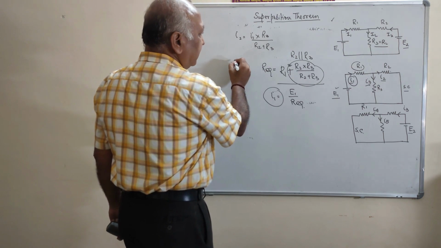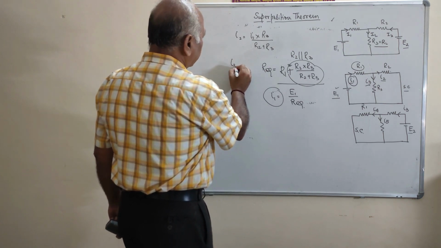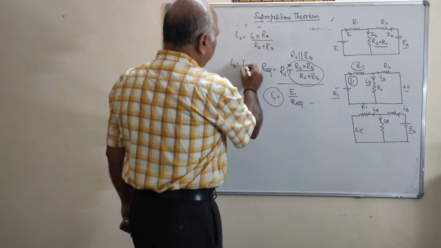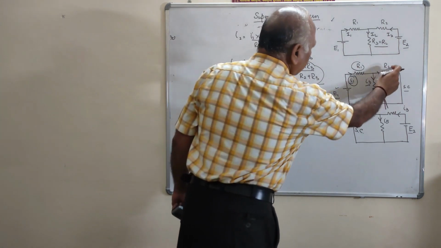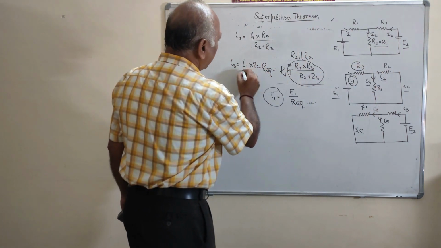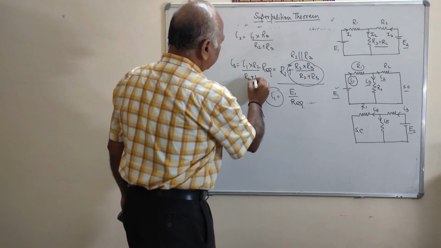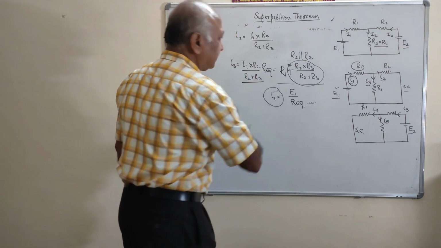Now you can calculate the value of I3. What will be I3? Total current I1 into the resistance of the other branch R2 upon the sum of the resistances, that is R2 plus R3.